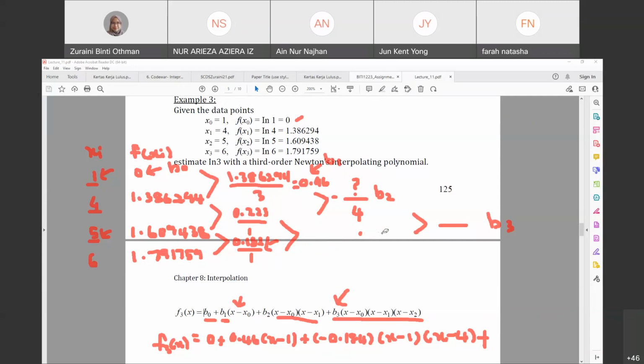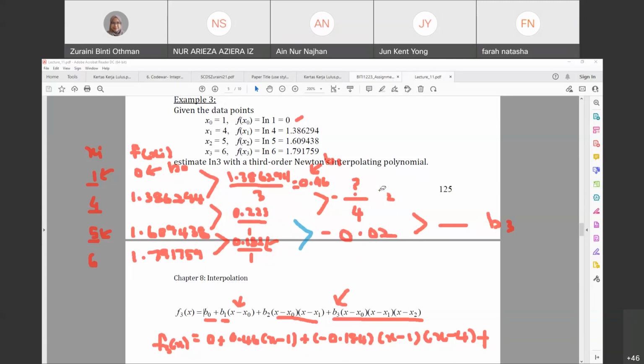Okay, so dekat sini ialah negatif 0.02. Okay, this is the new thing. Daripada sini boleh cari B3, right? Okay, so yang tadi B2 tu kita dah dapat, 0.184. Ini ialah B2 just now dah dapat.